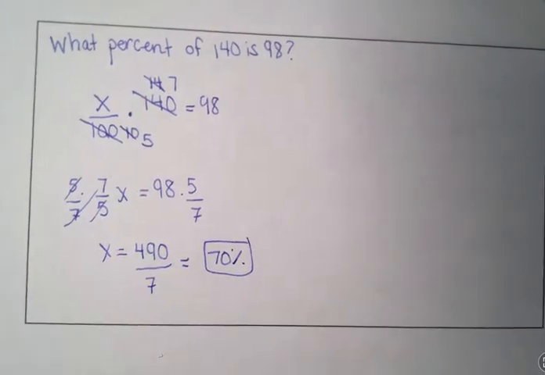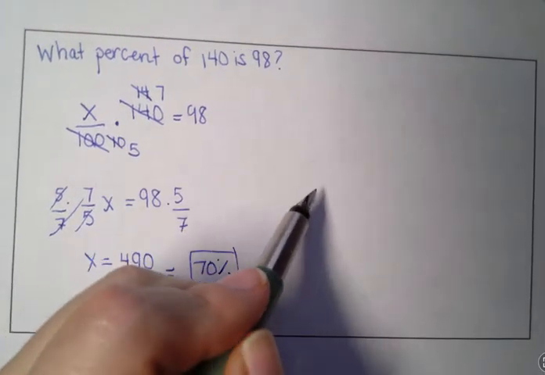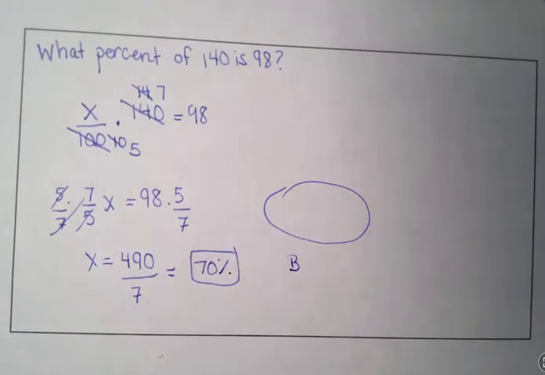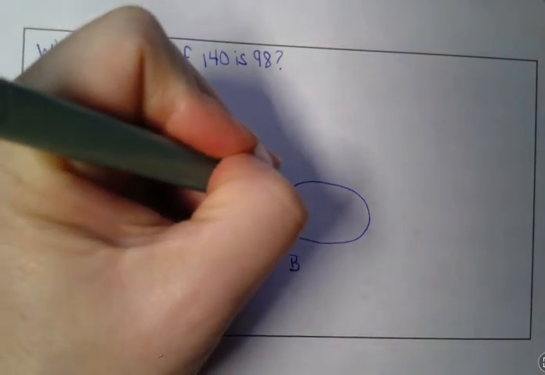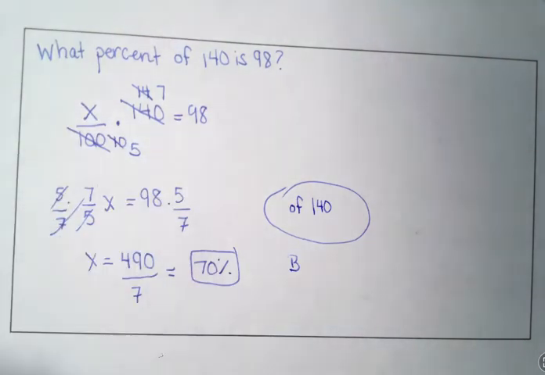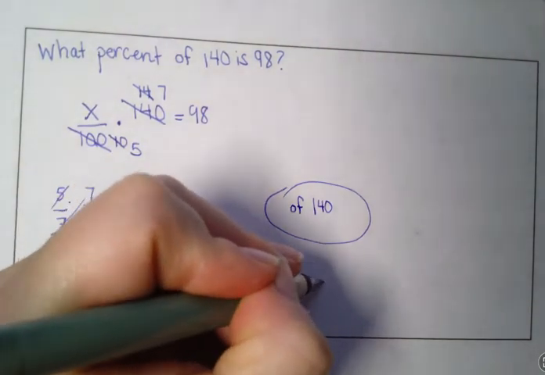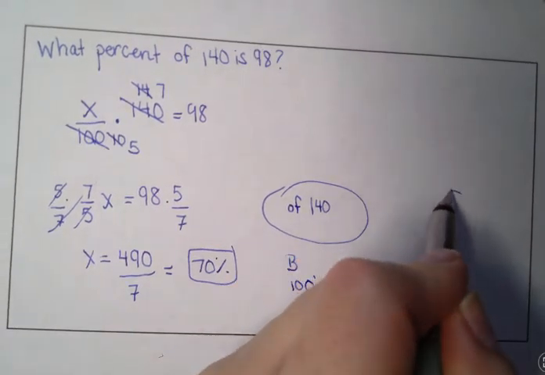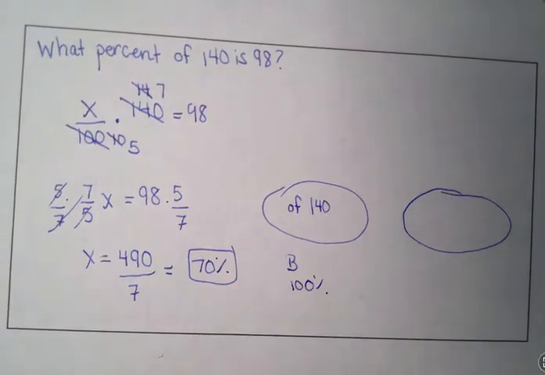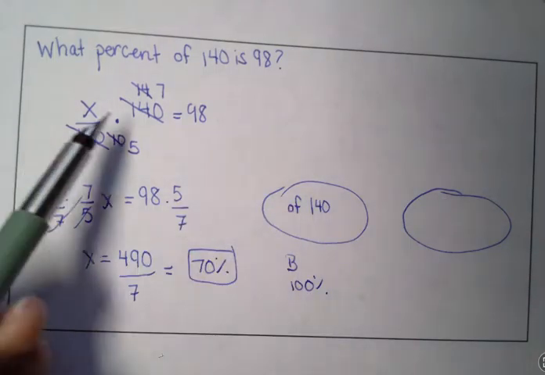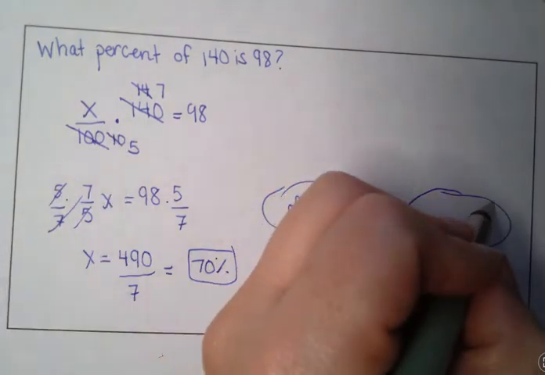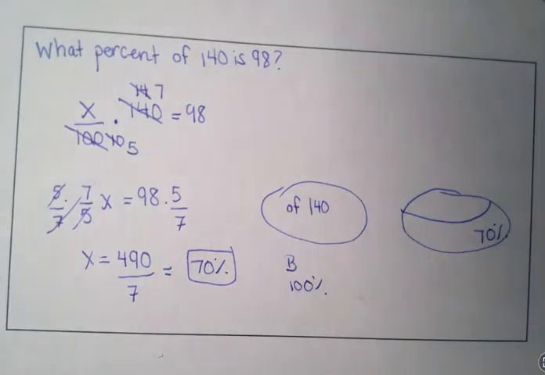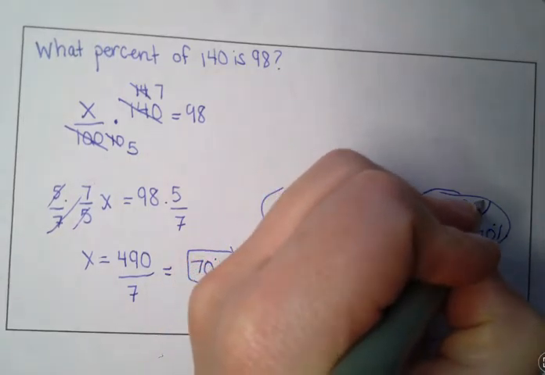And then for my diagram, I start off with a bubble, which is the before, and I'm going to say of 140 because that was my original number. So that's my 100%. And then my after diagram is going to be another bubble. And I divided it into 70% and 30%. So I'm going to make the bigger part 70%, and I'll make the smaller part 30%.